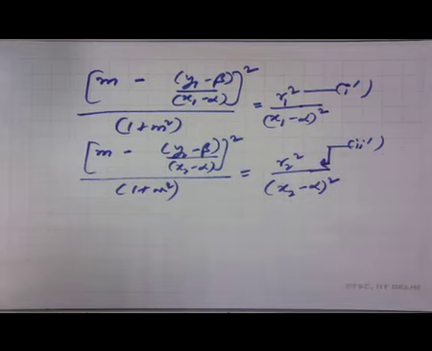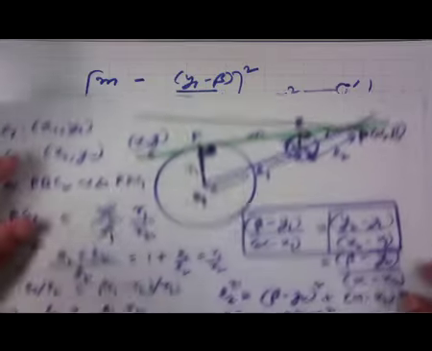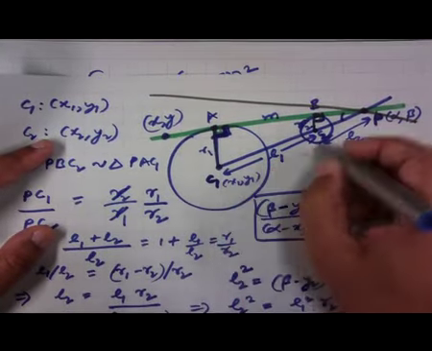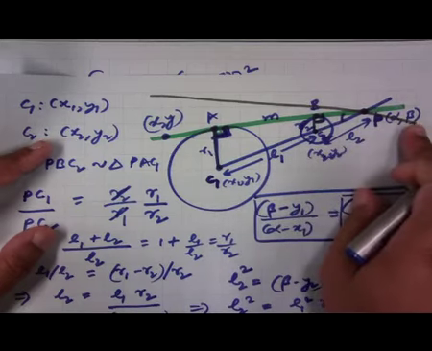Now, if we go back just a few slides back, this is x1 y1, this point C2 is x2 y2, and then we have alpha beta.